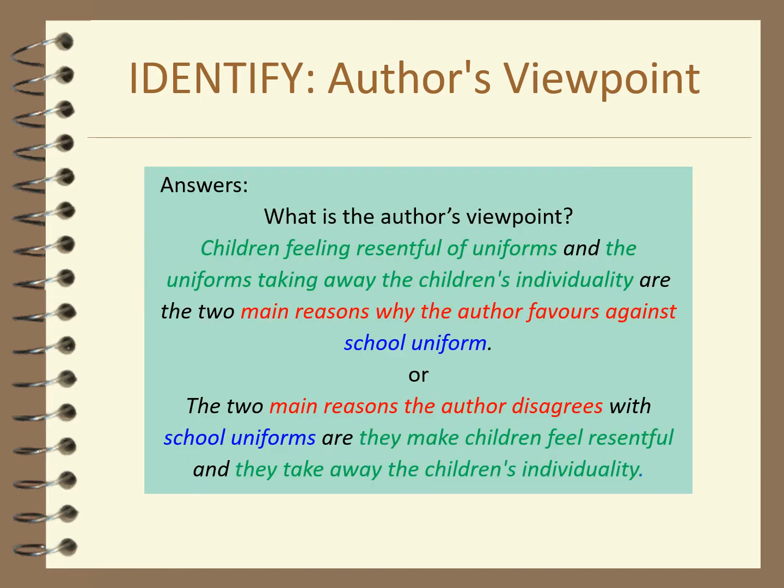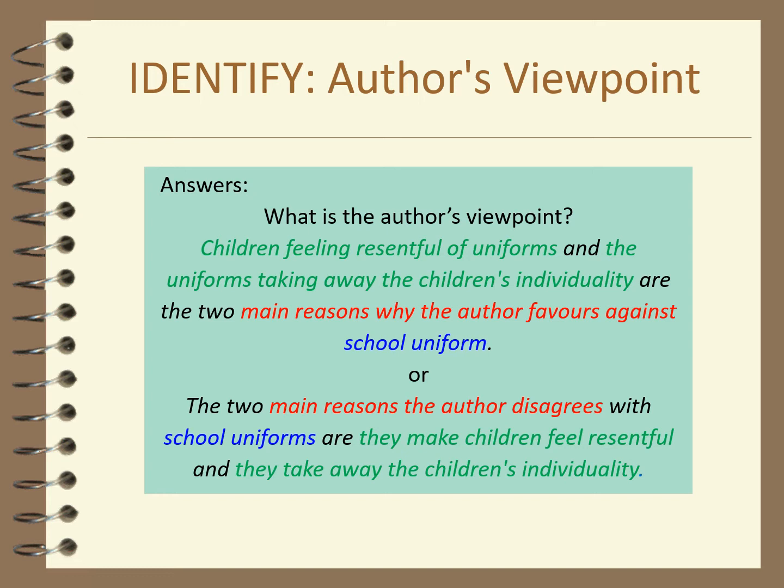As you can see here, these are the answers to the author's viewpoint. As you can see, the topic is school uniform. That is the more general idea. Now, what about school uniform that the author wants to talk about? The author wants to talk about the reasons why he or she is against, disapproves, or disagrees.